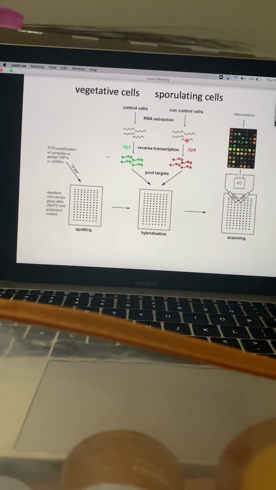And then you label with a red dye, and you generate red DNA molecules, and then you pool this together and you mix it with this during the process of hybridization, and there are different washes, and then you scan using a scanner called a fluorescent scanner to see the colors that you obtain there, and you're going to get different shades of green, red, yellow, as I will show you in a moment. Okay.